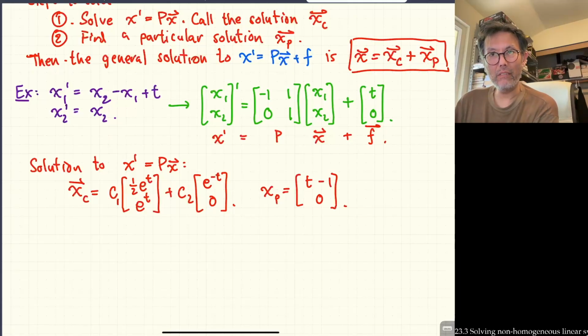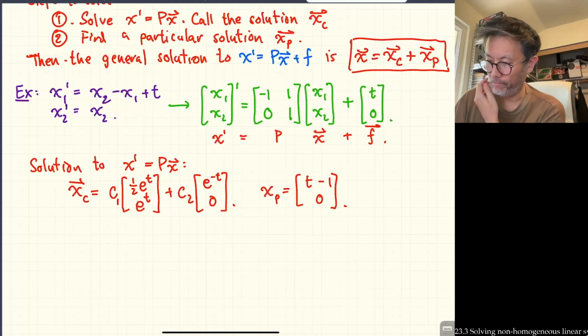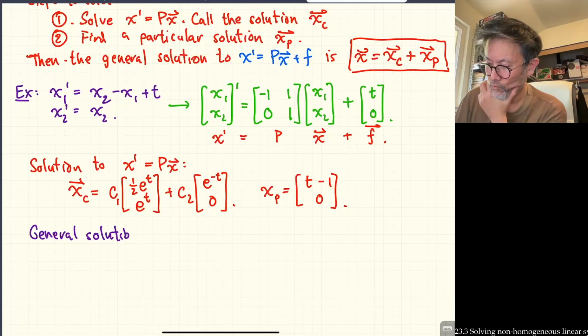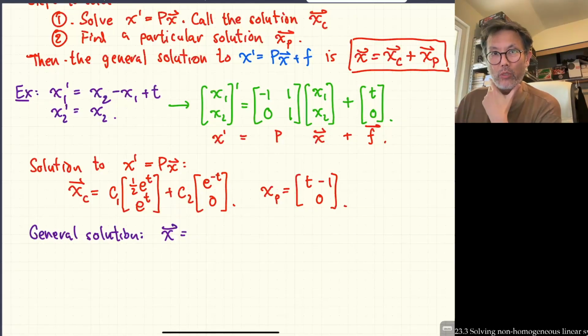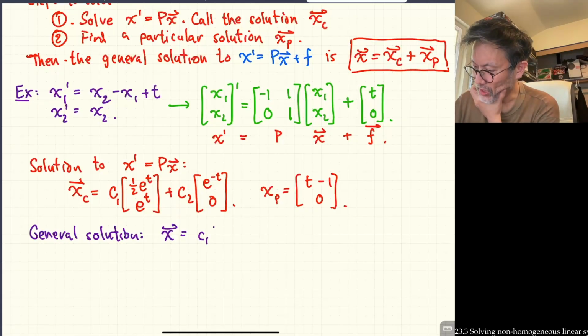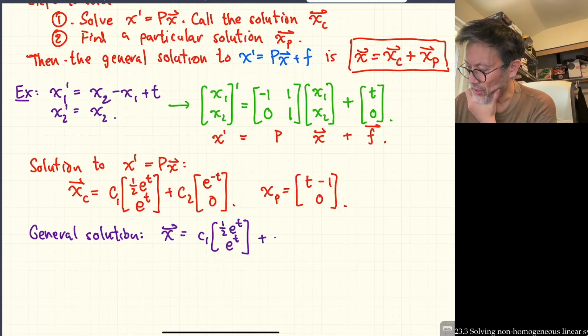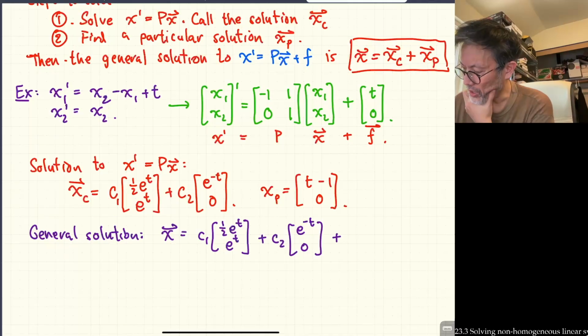And so what I'm saying is that you can take your general solution to the purple thing to be x sub c plus x sub p. Just literally the sum of those two expressions. c1 times 1/2 e to the t, e to the t, plus c2 e to the negative t, 0, plus t minus 1, 0.